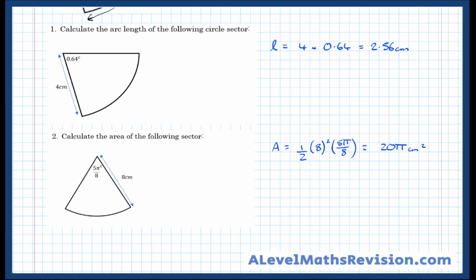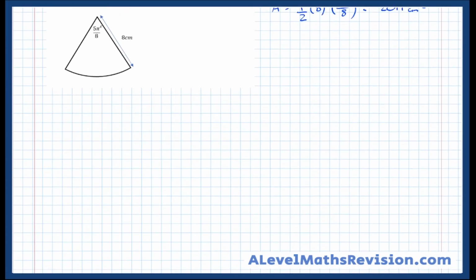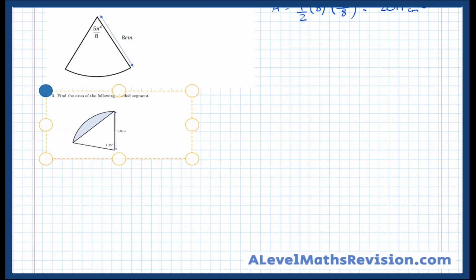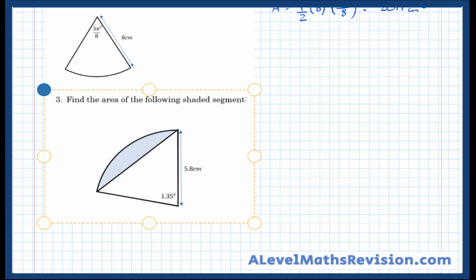So I've given you an example where it didn't matter whether my calculator was in degrees or radians mode because I wasn't finding the sine, cos or tan. This next example, it very much is relevant. So let's have a look at this final example, which is finding the area of a shaded segment. And just a bit of terminology actually, in case you don't know.